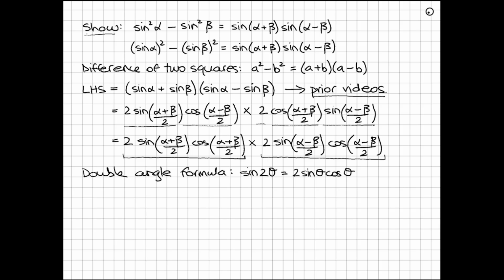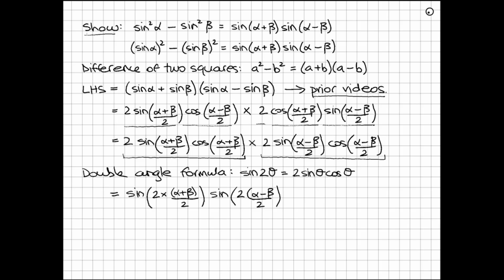So we can continue on with our proof, saying that 2 times the sine of alpha plus beta on 2 cosine alpha plus beta on 2 is equal to the sine of 2 times alpha plus beta on 2. And the 2 sine alpha minus beta on 2 cosine alpha minus beta on 2 is the same as sine of 2 times alpha minus beta on 2.